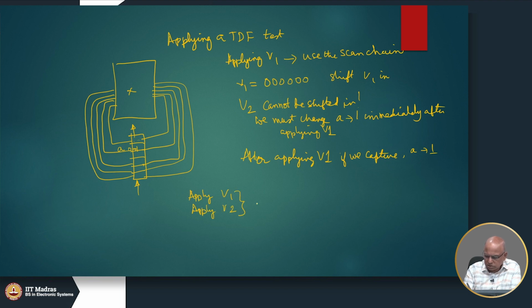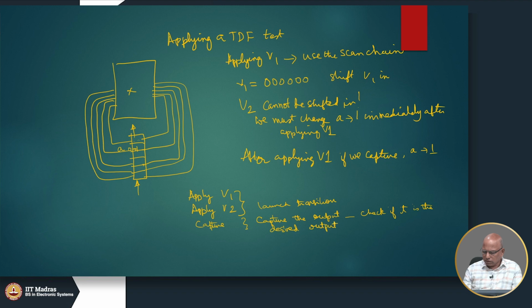So, by doing this, launch the transition, and then capture the output, and then check if it is the desired output. If it is not, then declare that there is a fault.